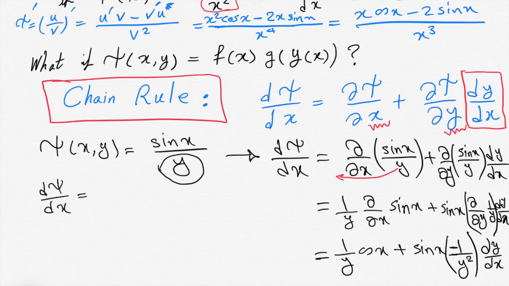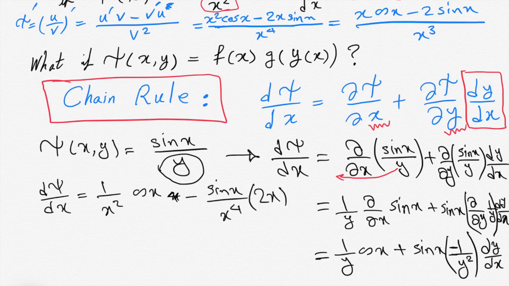So we say that d psi over dx will be equal to 1 over y, which is 1 over x squared, times cosine of x minus sine of x over y squared, which is x to the fourth, times dy over dx, because our y is equal to x squared, therefore it's going to be 2x.